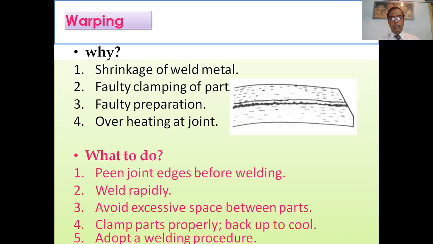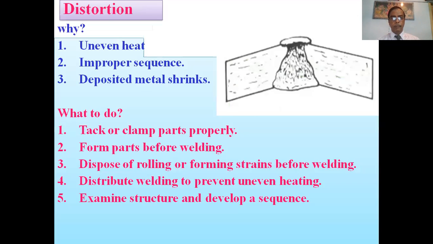Slow heating and slow cooling are very important. Weld rapidly or uniformly. These are the causes of warping.